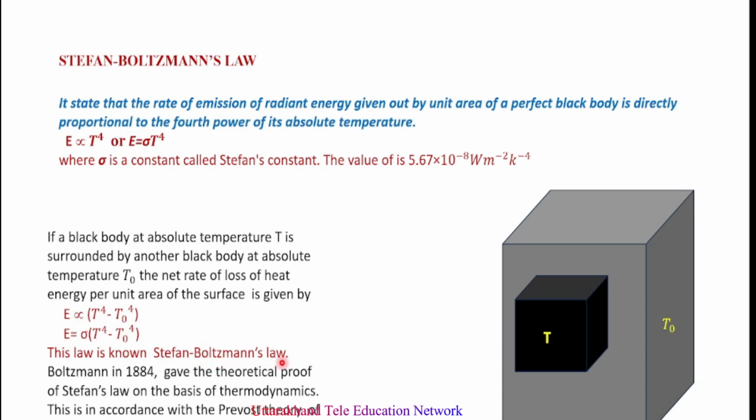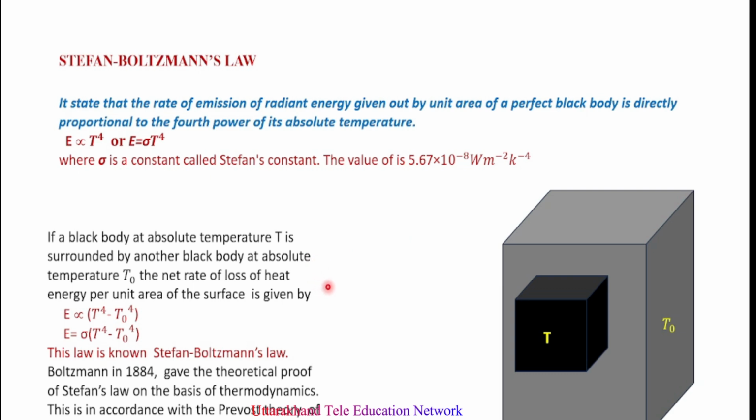This statement is called the Stefan-Boltzmann law, because Stefan's law was proved in 1884 by Boltzmann, who gave a theoretical proof on the basis of thermodynamics. That means thermal radiation we put inside an enclosure is like the gas molecules in the enclosure.